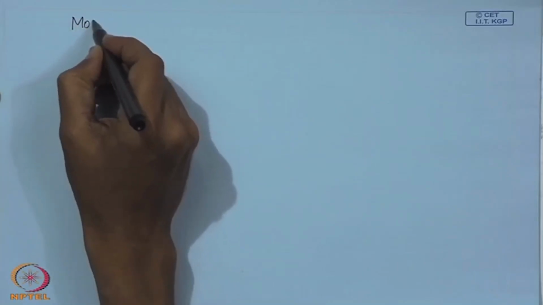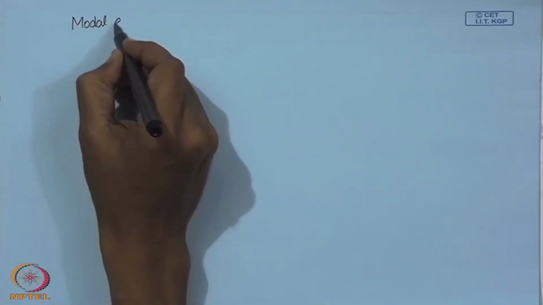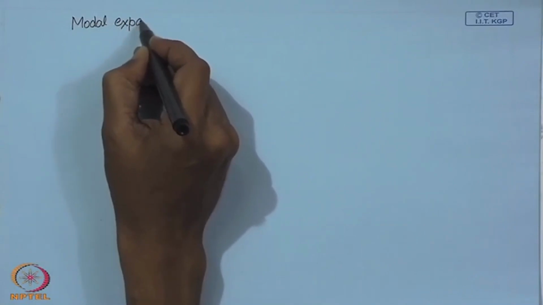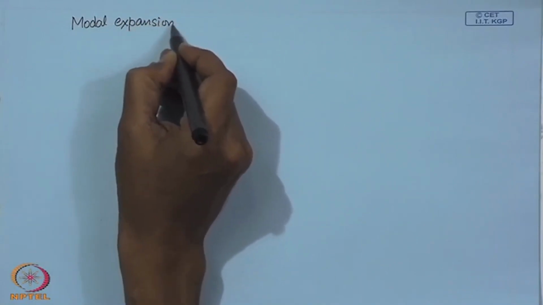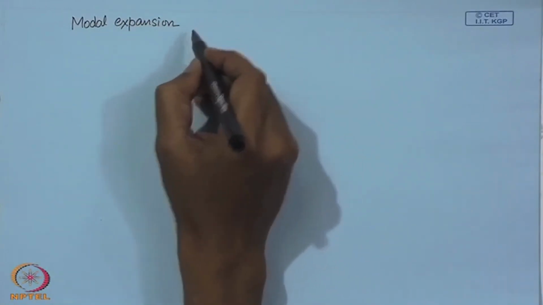Now, this Green's function can also be determined using the modal expansion technique that we discussed in the last lecture. So, let us briefly look at this method of solving the Green's function using modal expansion, or the eigenfunction expansion method.